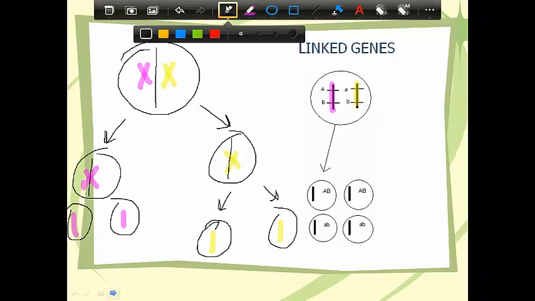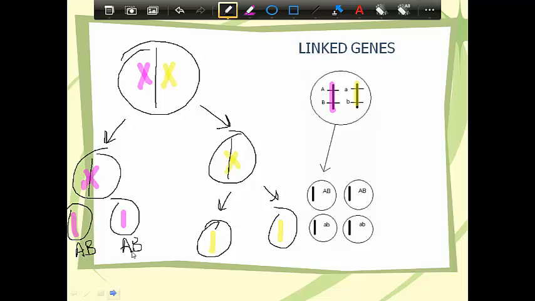And let's take a look at what alleles each one carries. The pink chromosome carried the big A and the big B. Big A, big B, big A, big B. The yellow chromosome carried the recessive alleles. All right? So the result of this particular time through meiosis was 2 different types of gametes. We could either have a gamete with completely dominant alleles in it, or a gamete with completely recessive alleles in it.